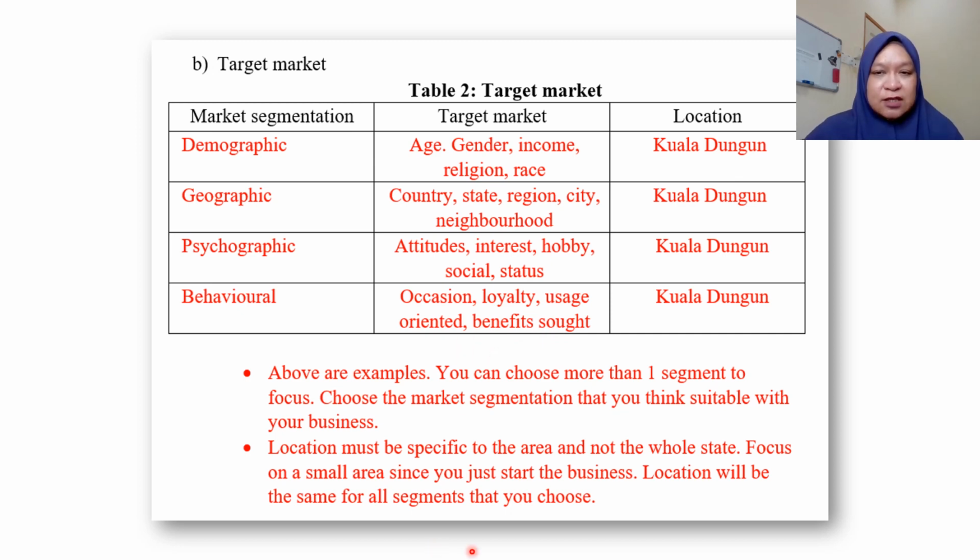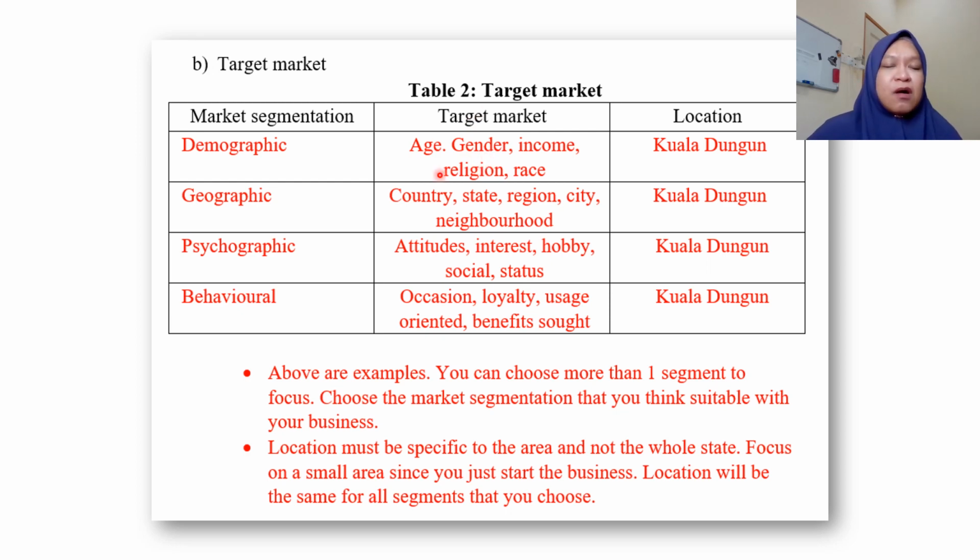You can choose all or you can choose one. The minimum is one, so you have to choose at least one. For example, you want to choose based on geography, and you think that demography is not suitable. Let's say the product is suitable for both genders, female and male, so you don't put gender if you only focus on one gender only.